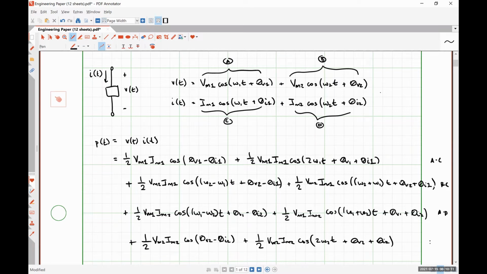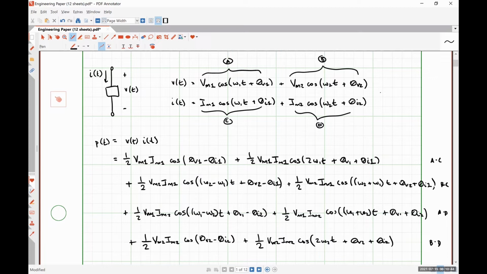This is again for multiplying B and D. So this can be simplified. Yes, in the last step, when you multiply A and D, is that cosine of omega 1 — sorry, that's an open parenthesis. So you're adding omega 1 and omega 2 together and then multiplying that by t. Okay, gotcha. Thanks. Yep.